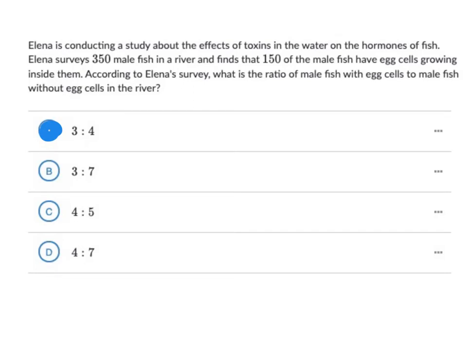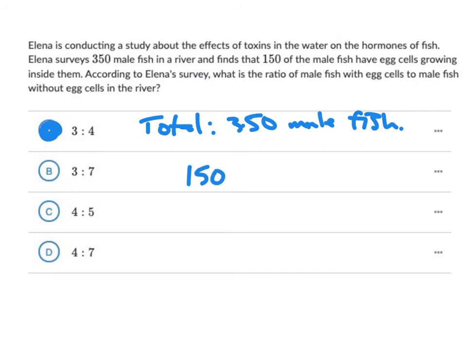All right, so Elena is conducting a study about the effects of toxins in the water on the hormones of fish. Elena surveys a total of 350 male fish in a river, finds that 150 of the males have egg cells growing inside them, okay, so 150 have egg cells.